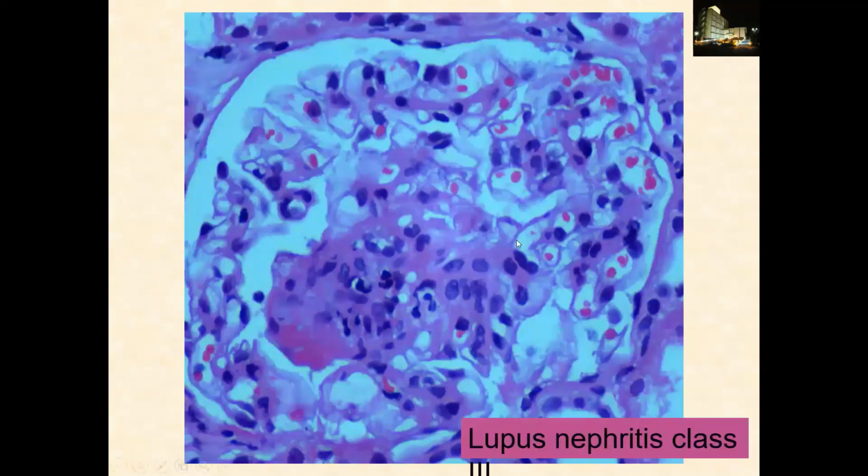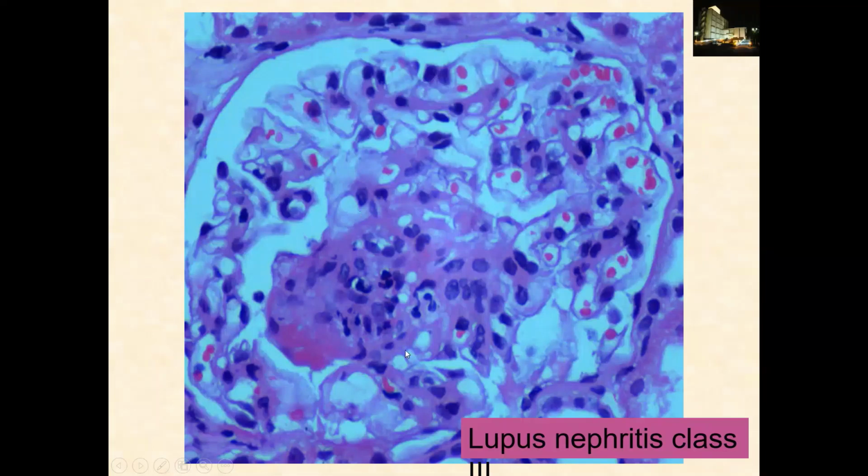And this is lupus nephritis class 3. In this photo, this segment of the glomerulus is patent, with no thickened basement membrane, no mesangial expansion, and no hypercellularity.